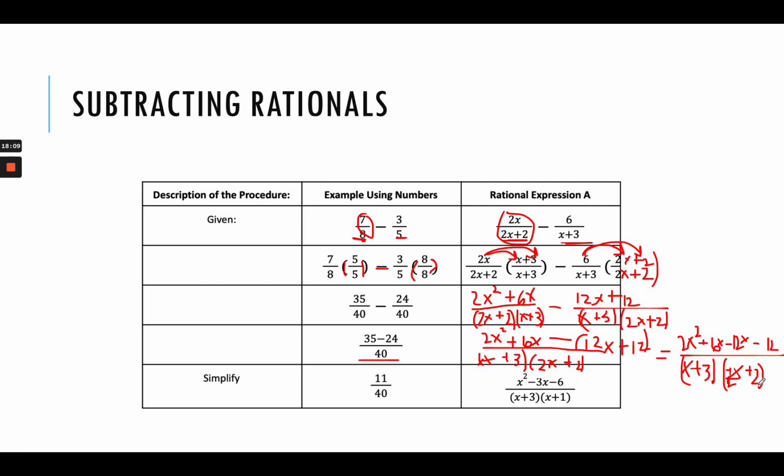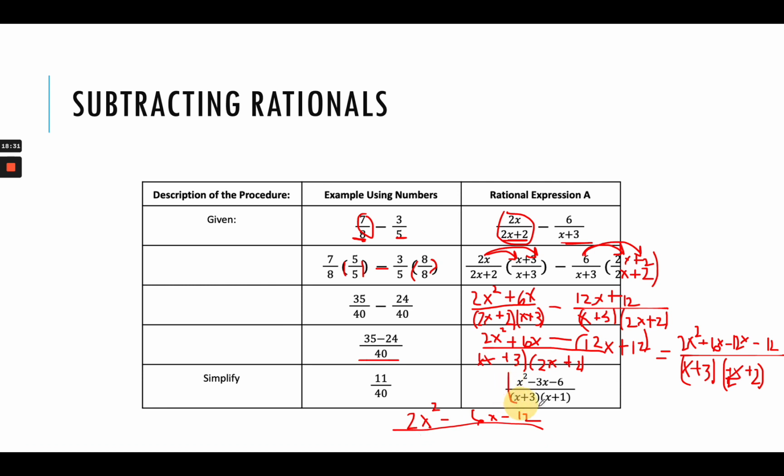Okay, so when we simplify, we're going to end up with 2x squared. 6x minus 12x is going to be a minus 6x, minus 12. Now, they factored a 2 out.